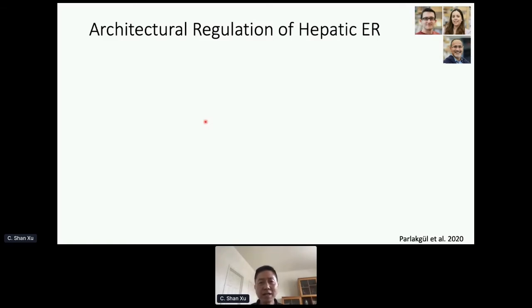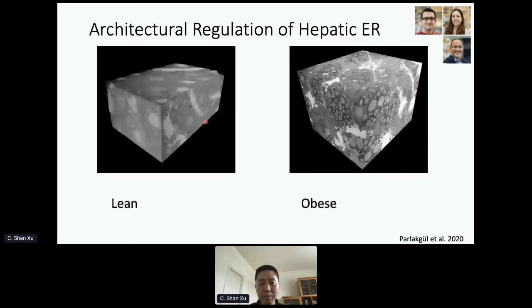So in order to answer this question in its native tissue environment and in the context of metabolism, they wanted to obtain detailed 3D information of the ER structure and organization in liver tissue, under physiological and pathological states.